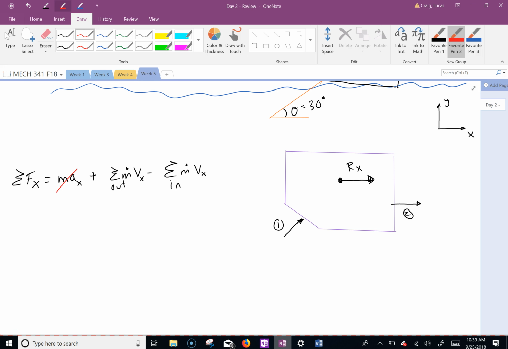Forces on the left are reaction, so we have Rx in the x direction, and then over here, what is coming out? There's 2, right? The state 2 of the control volume. So we have m dot 2 times V2.